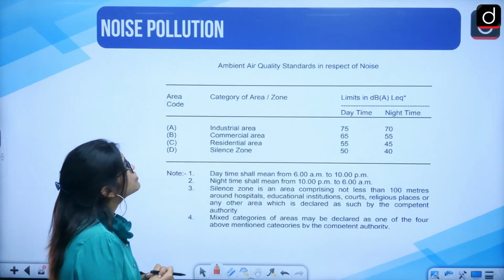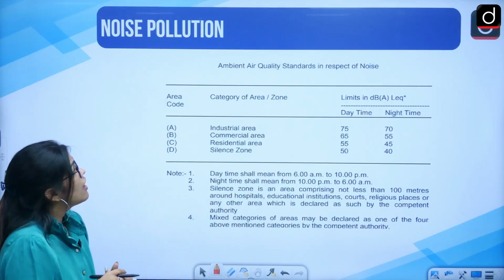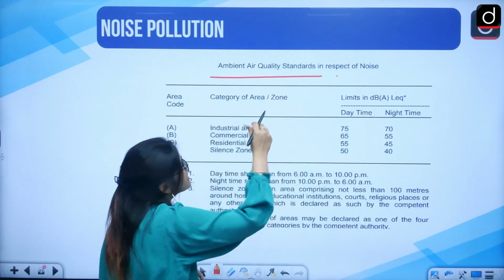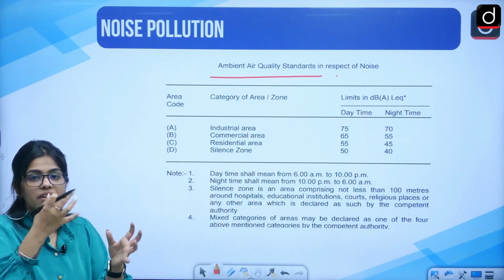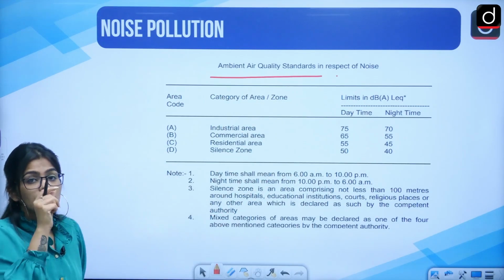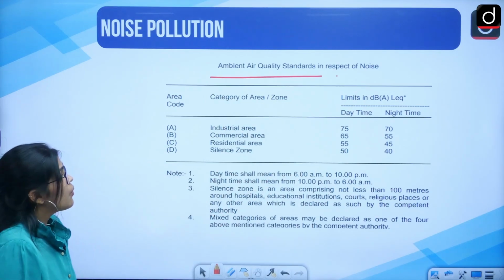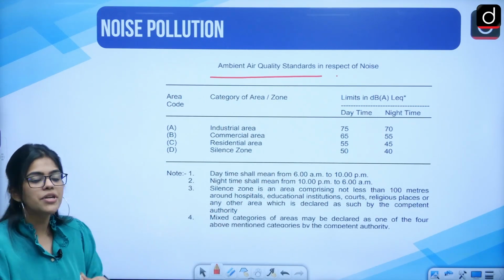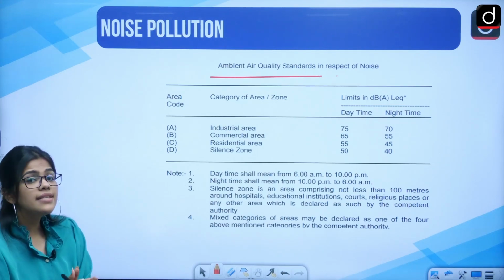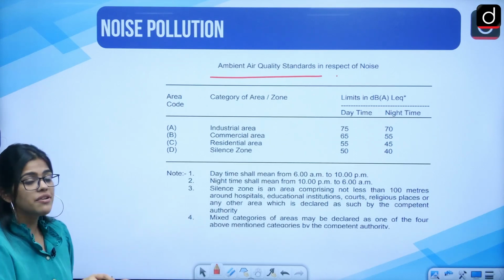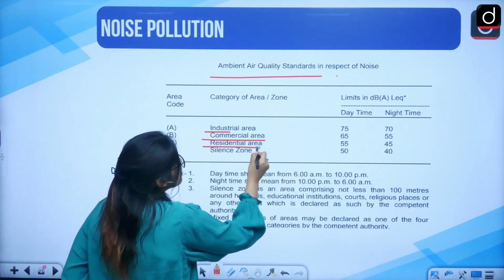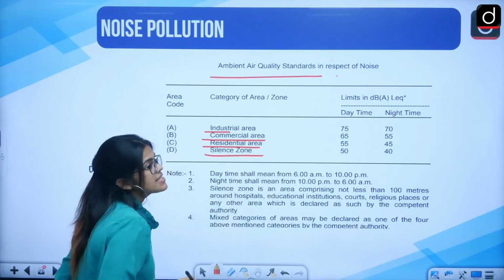Now, according to the air quality standards with respect to noise, this report was given. It categorized the different areas or zones, and the limit of the decibels or the noise limit was decided. What should be the noise limit during the daytime and during the night time? These were decided. The area was divided into different zones. So there were industrial areas, commercial areas, residential areas, and there was the silence zone.